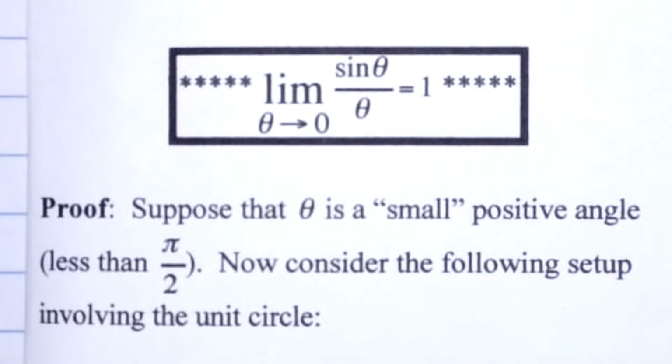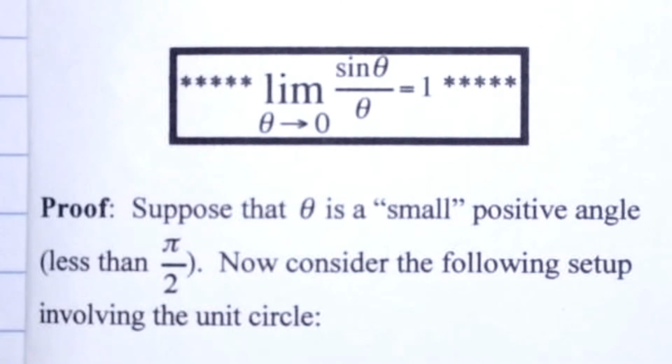We are interested in values of theta that are close to 0, so let's say that we're going to work with a value of theta that is smaller than pi over 2. That'll place the angle in the first quadrant when it's in standard position.